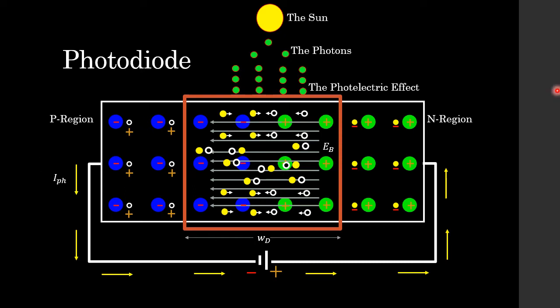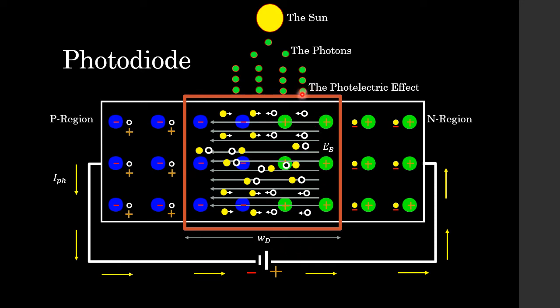Well, because our photodiode has been reverse biased, we know that the electric field created within this depletion region is going to have quite a wide width, because the electric field will be comprised of the depletion region's original electric field added to the electric field from the reverse biasing source.